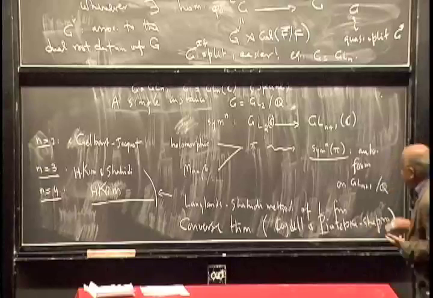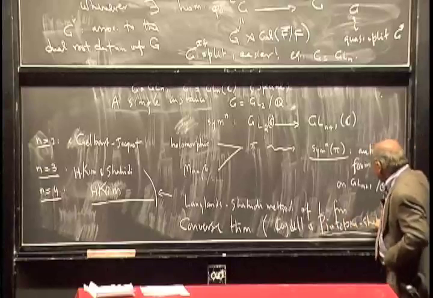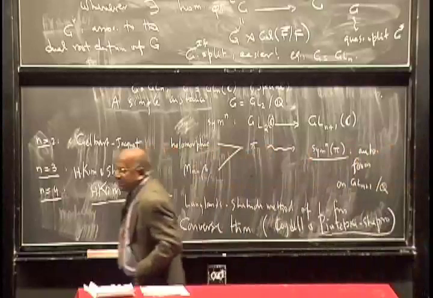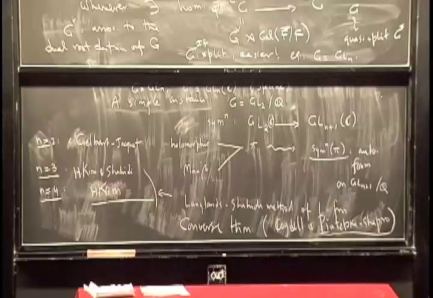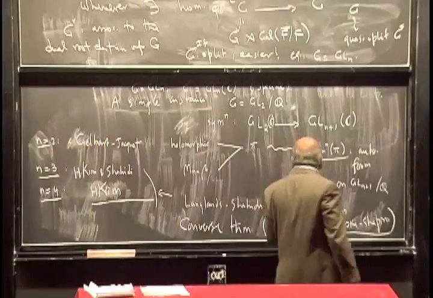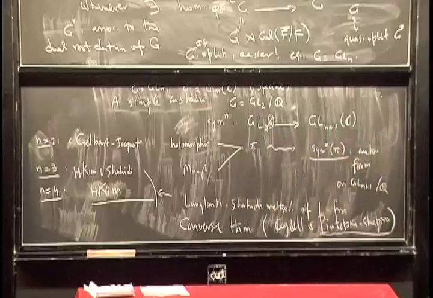I should take a moment to say that Piatetski-Shapiro made an incredible series of contributions to the subject, and we're all very sorry he passed away during the past few months. And he wasn't perhaps so well recognized for his important insights in the Converse theorem, I think.